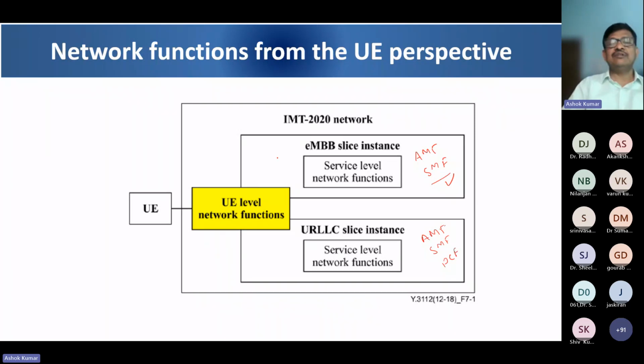But there will be some network functions which are UE level. That means one user equipment may be connecting to multiple slices, and there will be certain network functions common to the UE, as we saw earlier that NSSF and NRF were UE-level network functions, and in some cases AMF can also be a UE-level network function. That means common to more than one slice. So this concept was also discussed in this ITU framework document.